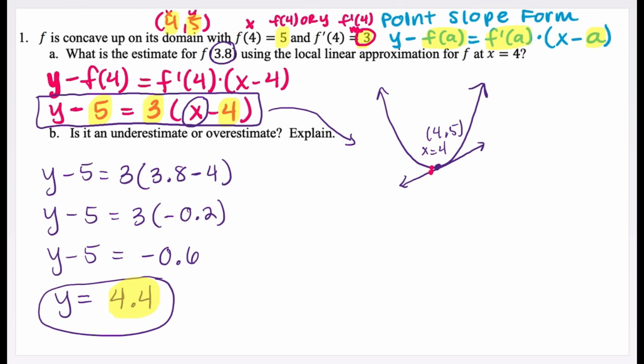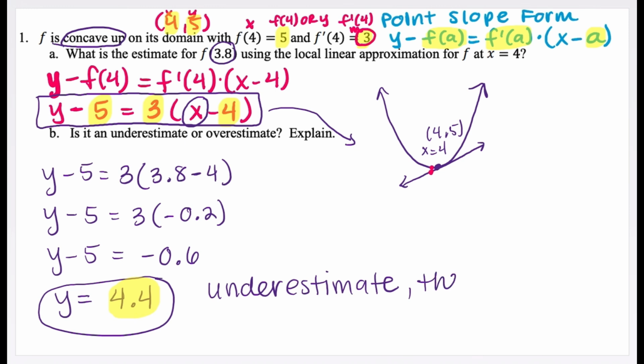Now the second question says, is it an underestimate or an overestimate? Well, from the picture you can see that the line is below the actual graph. So it's going to be an underestimate. Now, the actual explanation there is that the graph is concave up, so the tangent line is underneath the graph. And we know it's concave up because it told us that.